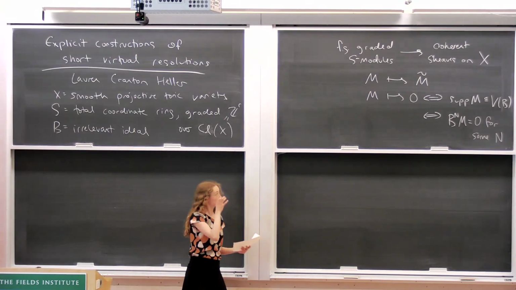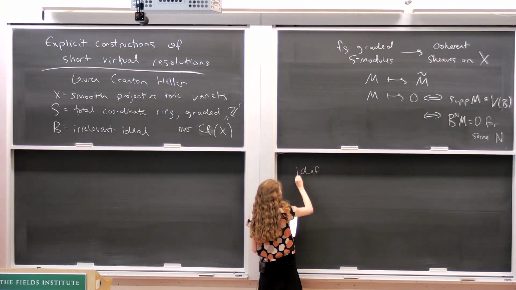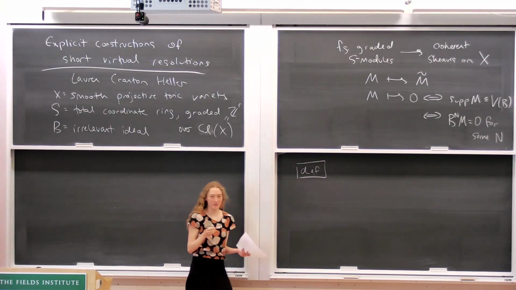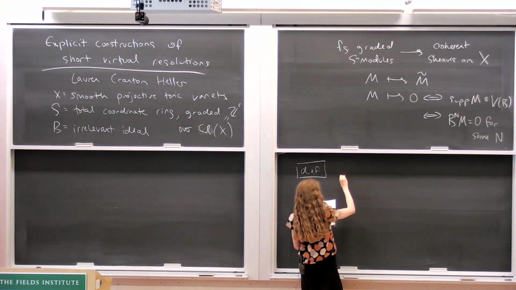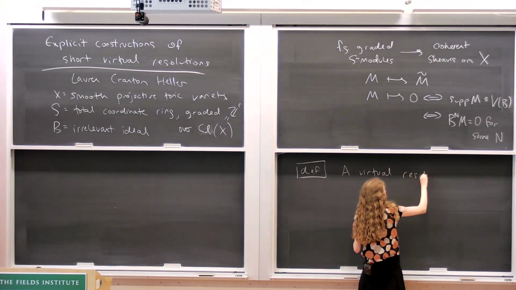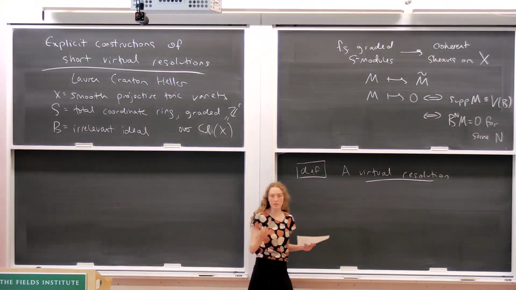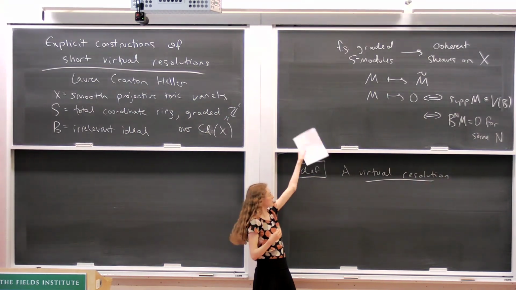Okay, so then we have seen this definition before by Berkesch, Erman, and Smith: that a virtual resolution is going to be something that becomes a resolution once we use this correspondence.